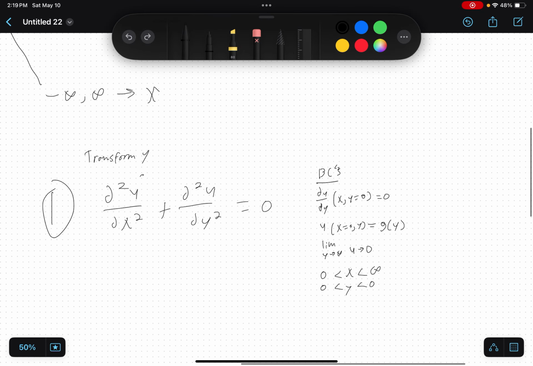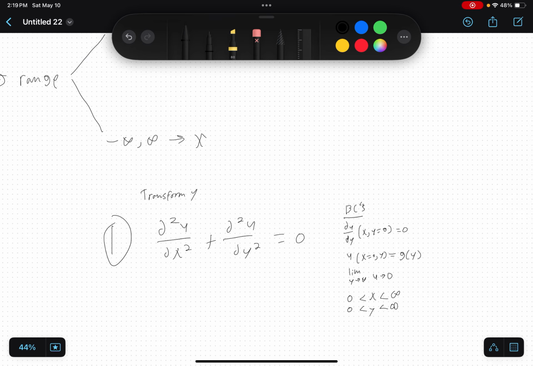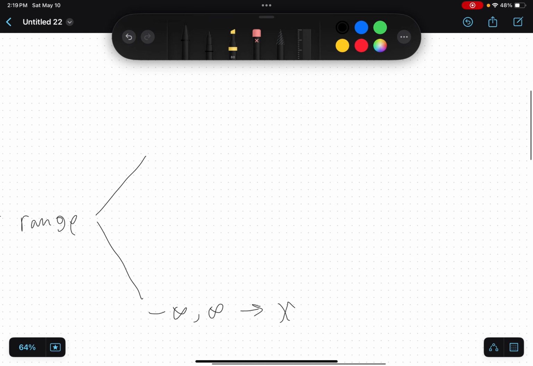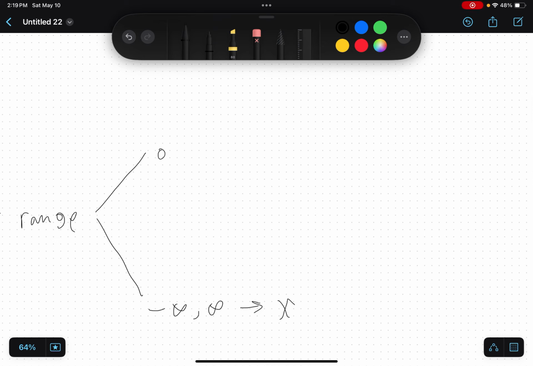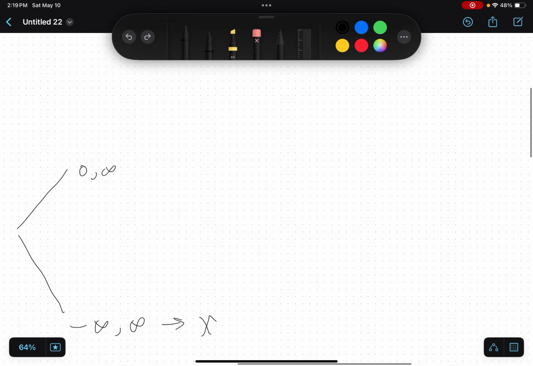In our case, y has a range of 0 to infinity, so we can't do that. The other side, luckily, is 0 to infinity. So we're going to be up here somewhere. Now this breaks apart.